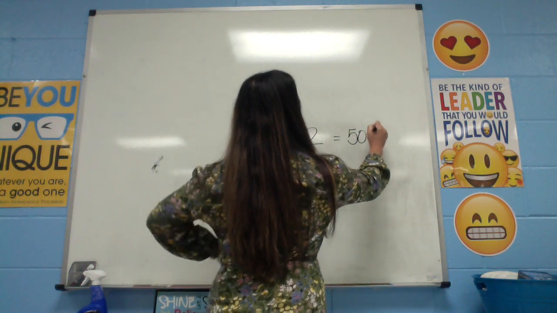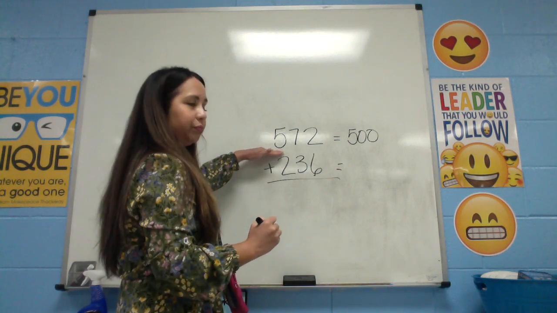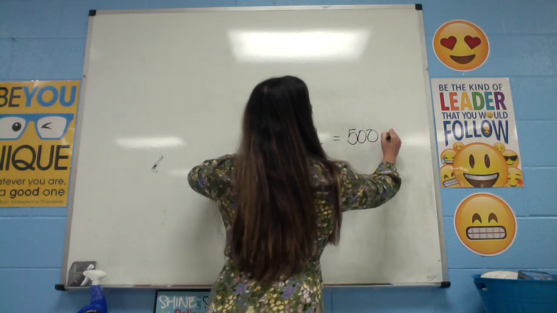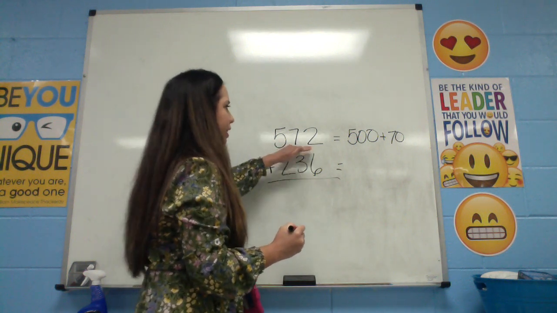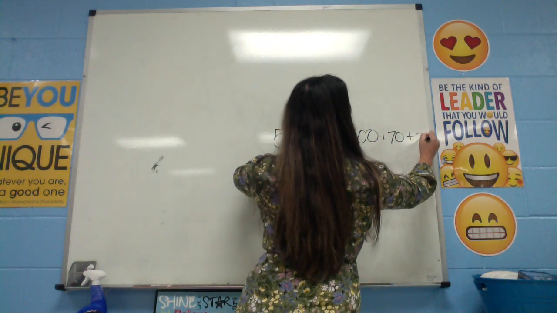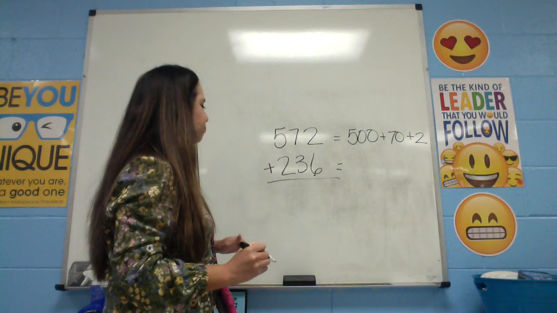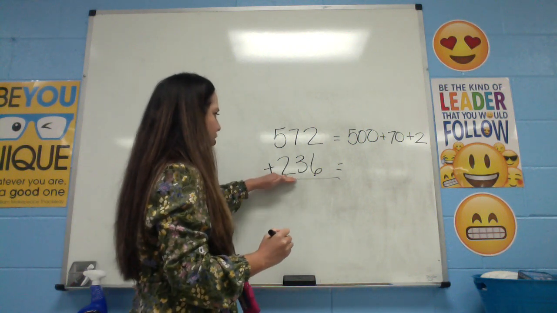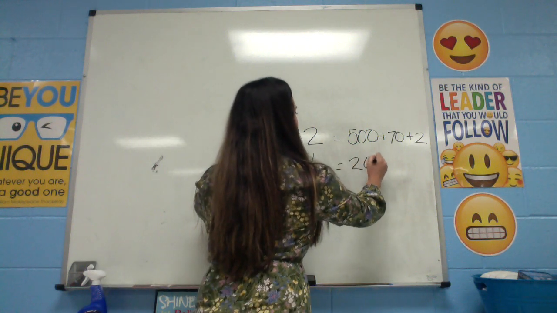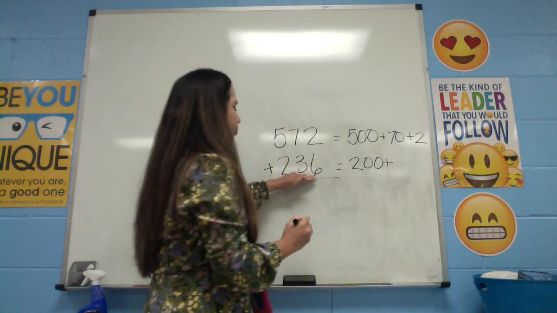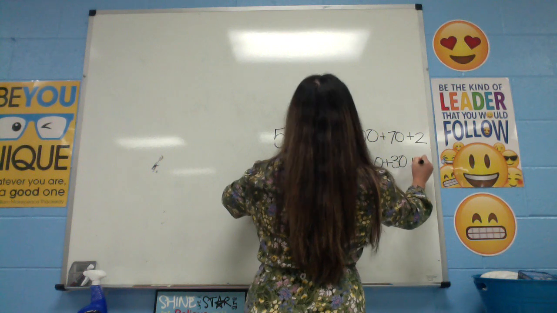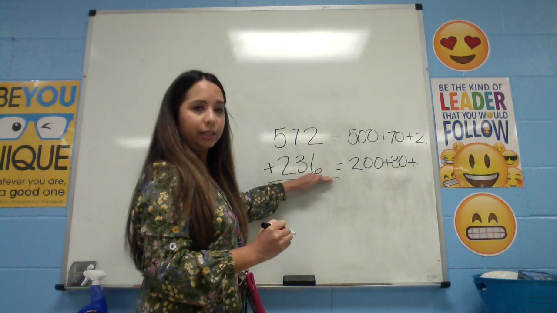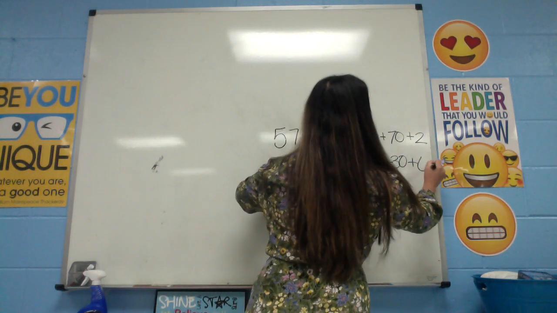There's 5 hundreds, which is 500, plus 7 tens, which is 70, plus the 2 ones. Okay? 236, there are 2 hundreds, 3 tens, the value of 3 tens is 30, and there are 6 ones, the value is 6 ones.